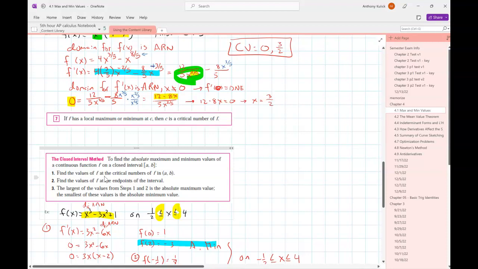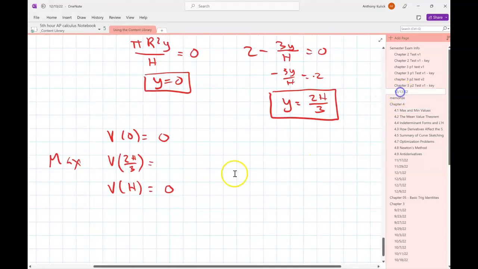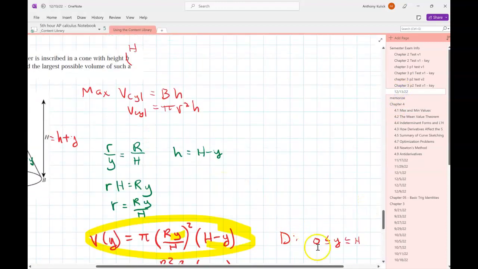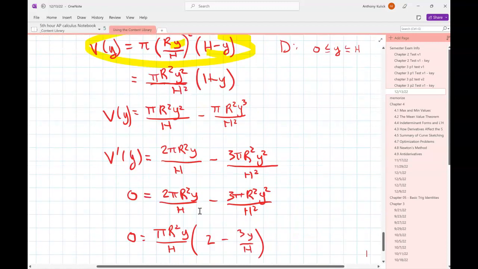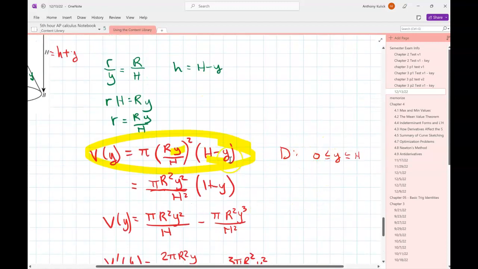H was one of the endpoints. That's why I'm checking H as well as 0. The domain was 0 to H, so I have to check 0 and H automatically because it's closed, and then any critical values. It's 0 to H because that's the height.